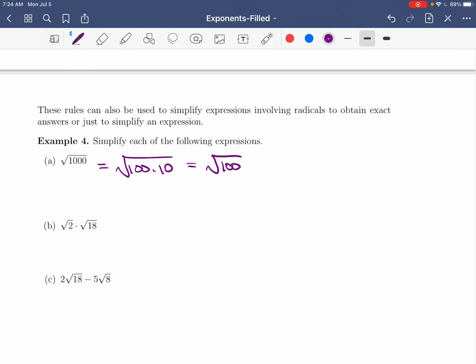So this is the square root of 100 times the square root of 10. And I know the square root of 100 is 10, so it's 10 root 10. That's a simpler form. And there are no perfect squares that divide 10, so that would be as simple as I could get it.